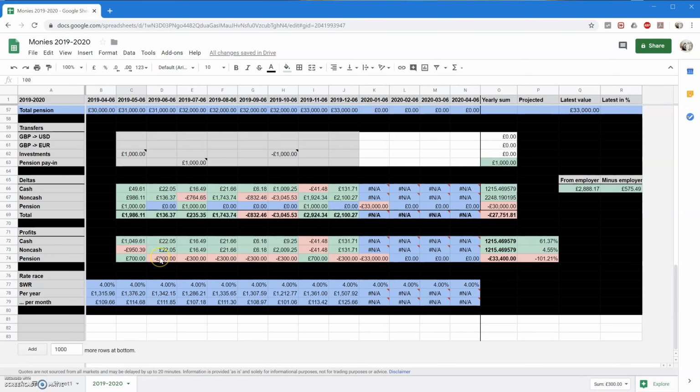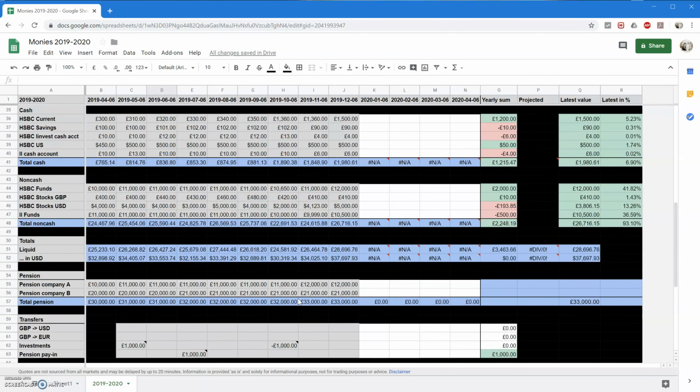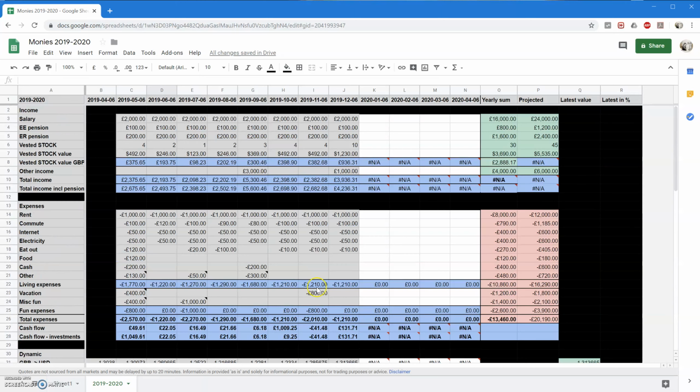So the net of that is that the total is 0. But this is a bad pension plan because it's actually losing money according to these calculations. Let's fix the formula. So that is how I do my monthly inventory. And I see projected values.